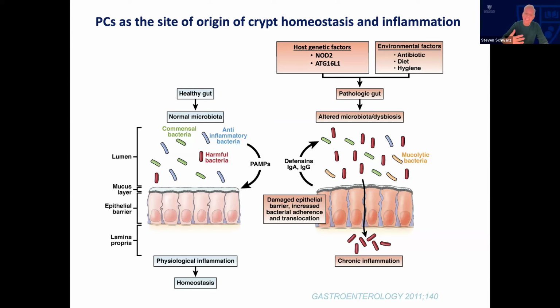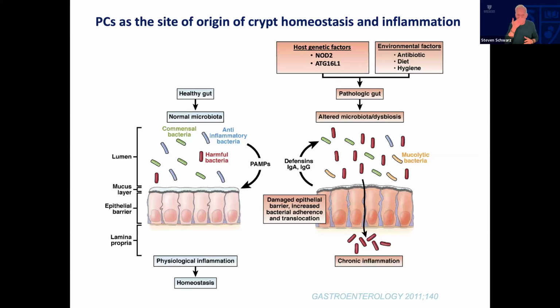Our gut lives in a state of physiological inflammation, tolerance, and homeostasis. But when we have abnormalities in specific host genetic factors, such as NOD2 over to the right, combined with appropriate environmental factors, that leads to the development of a so-called pathologic gut with altered microbial elements and a dysbiosis, all right?